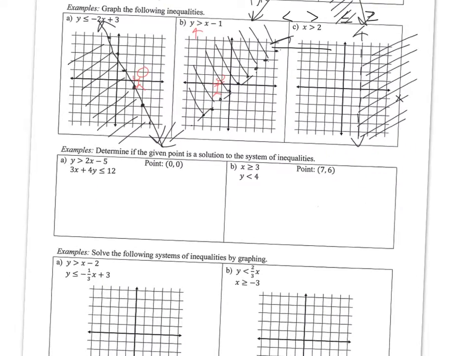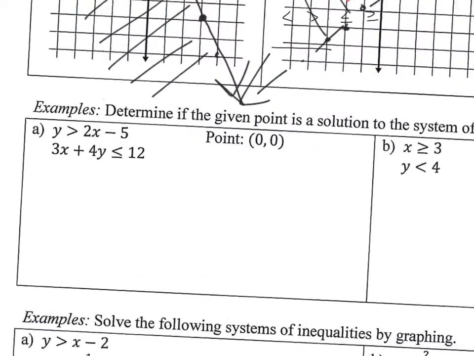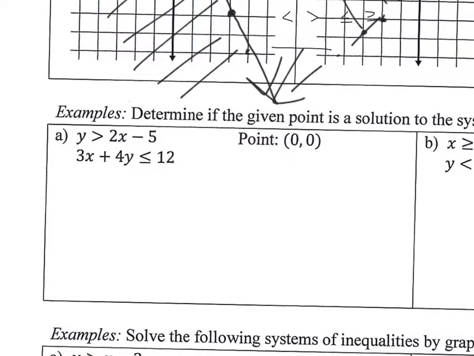Okay, determine if the point is a solution. If a point is a solution, it has to satisfy both the first inequality and the second inequality. So I'm going to plug x and y into the first inequality and see if the statement is true. Is 0 greater than -5? Yes, so that one works. In order for it to be a solution, it has to work for the other inequality too.